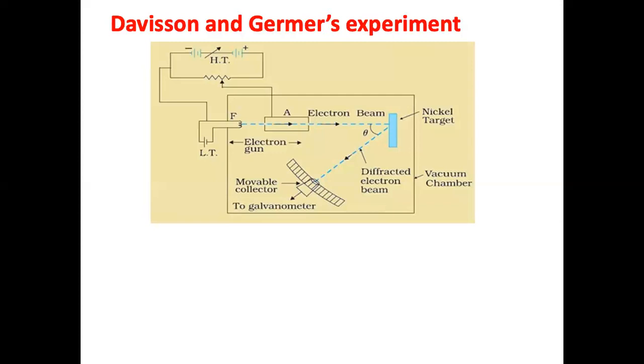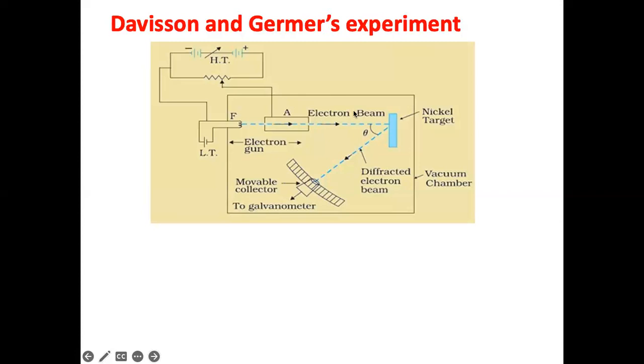With the help of this moving scale, we find at which scattered angle the scattered electron beam has different intensities. We measure these different intensities with the help of the galvanometer, and we measure the scattering angle with the help of this movable circular scale.